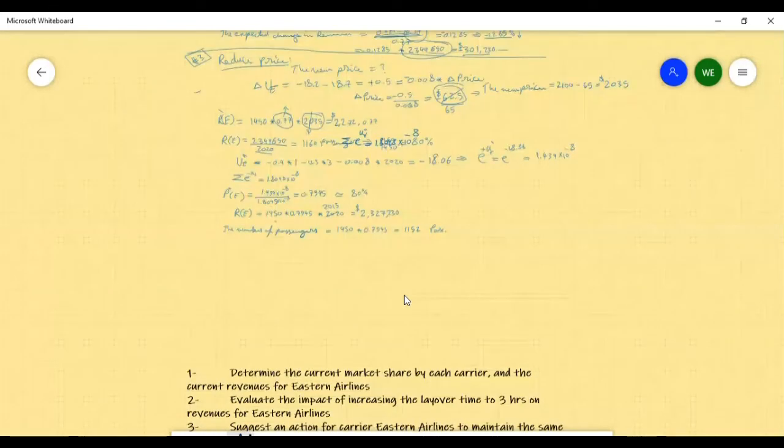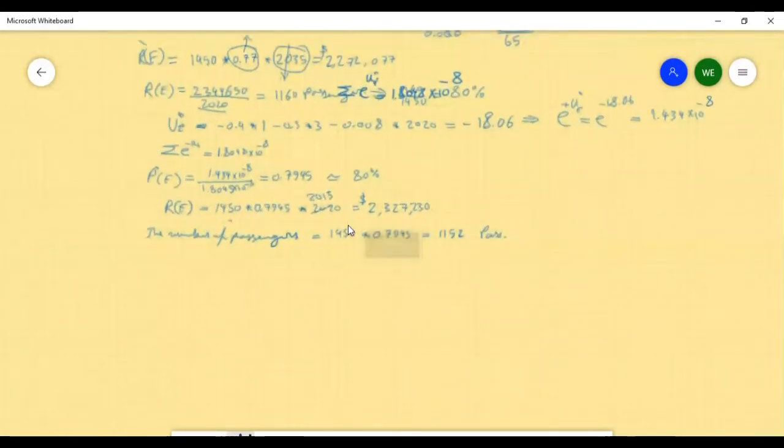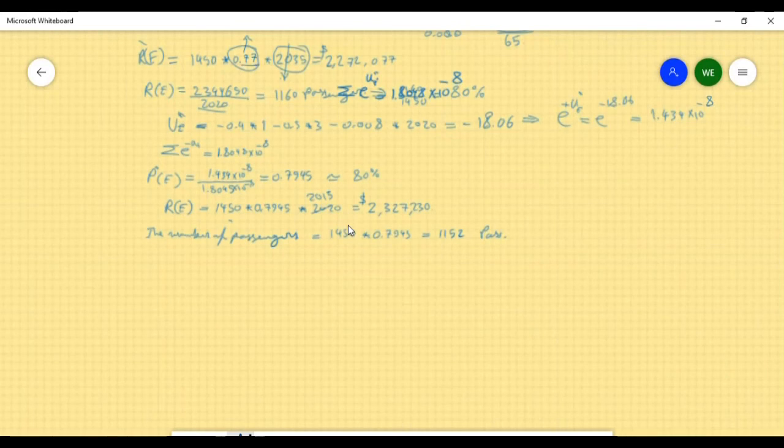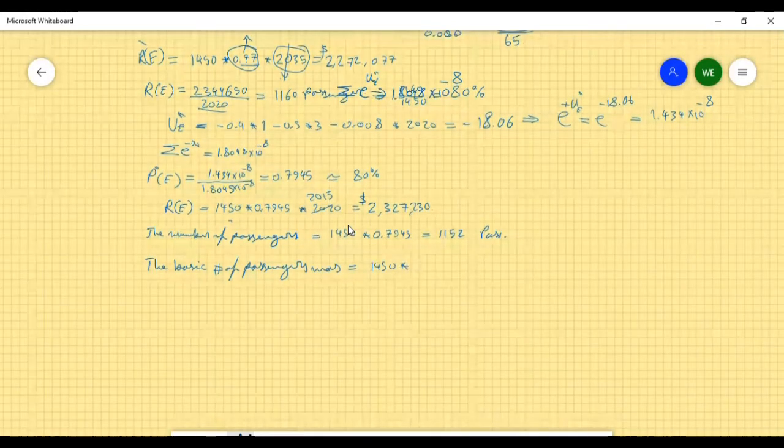So let's check now that originally, when we had 77%, the number of passengers was equal to 1450 multiplied by 0.77.